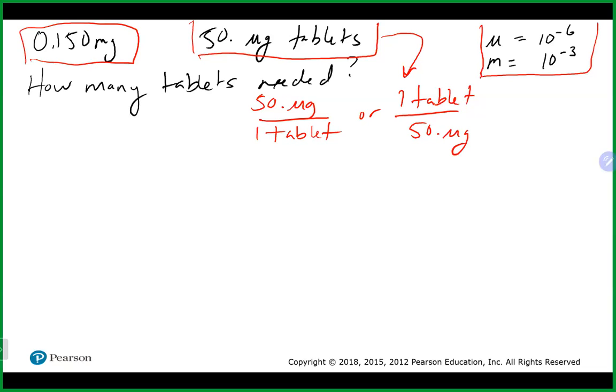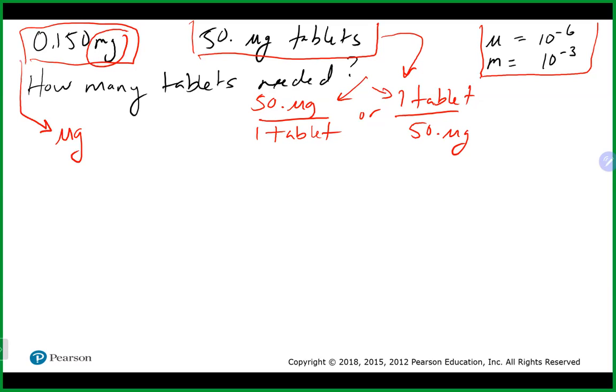You could either convert the milligrams to micrograms or the micrograms to milligrams. It really doesn't matter. Since this is just by itself, I'm going to convert this one into micrograms, and then I'll be good to go with one of these conversion factors.